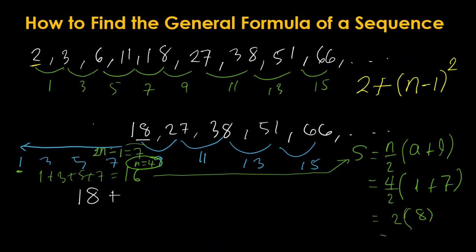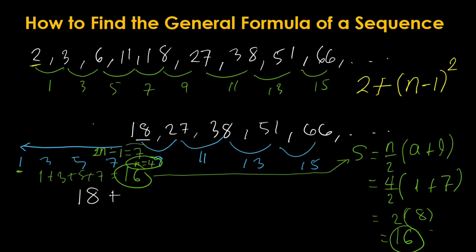So we get 16. Oh yeah, it's correct. So it matches here, 16 and 16. So that's one way to look at it using this formula if the sequence is very large and it's difficult to add it by inspection. So you can use this formula instead.